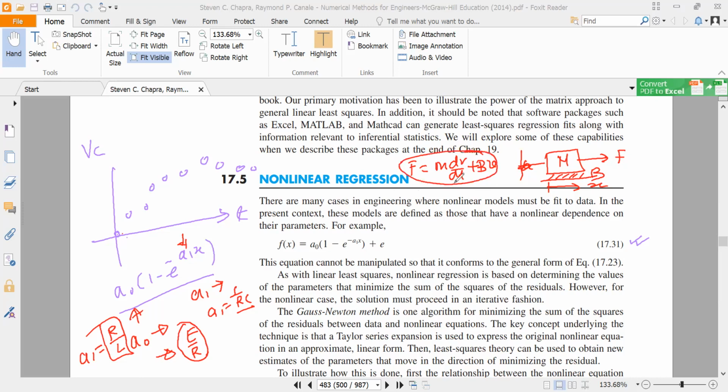Then if we solve for velocity, you will see that your velocity will take this form: f divided by b into 1 minus e to the power minus b divided by m into t. This is the velocity of a mass if it is displaced on a floor having friction.